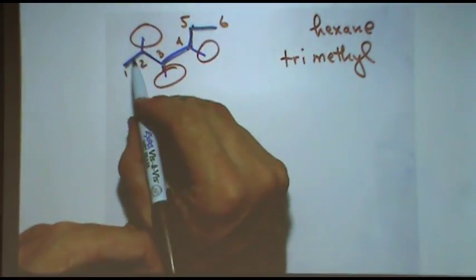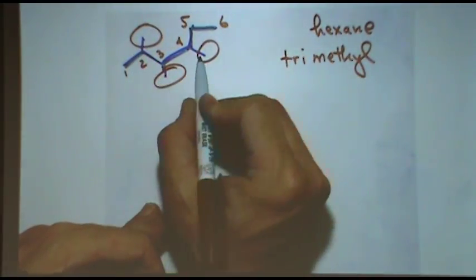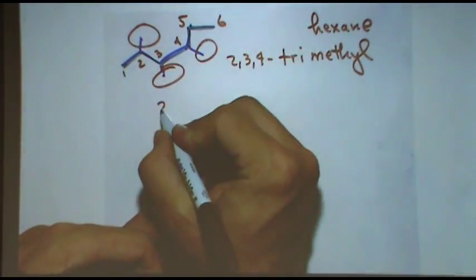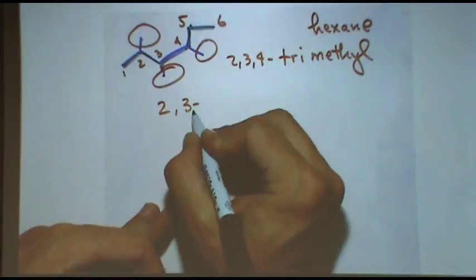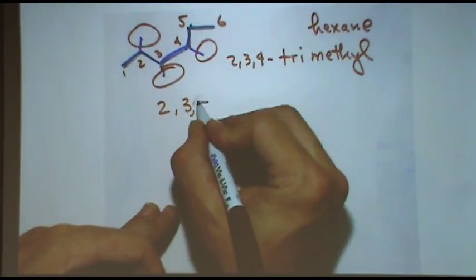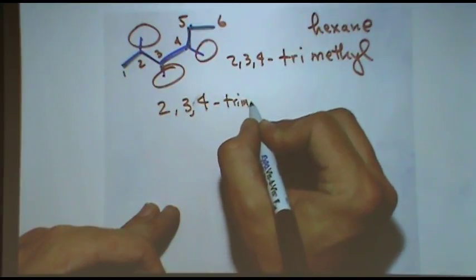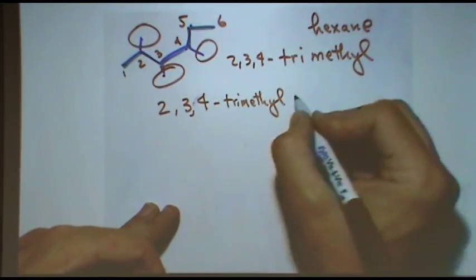So we've got a methyl in the 2, the 3, and the 4 position. So this would be 2, comma, 3, comma, 4, dash, trimethylhexane.